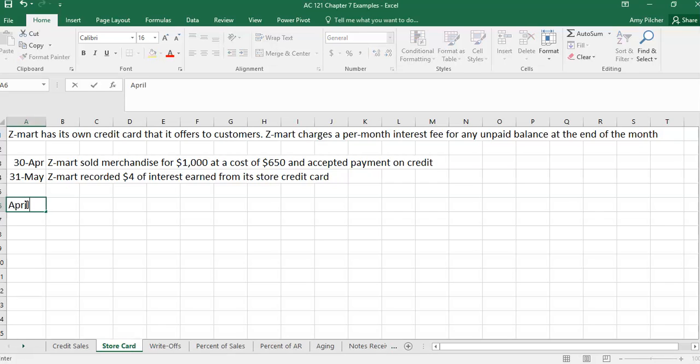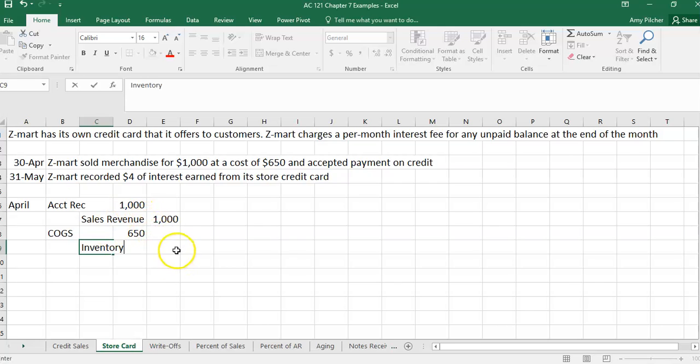So then on April 30th, we would have an accounts receivable and sales revenue for $1,000, then we would have our cost of goods sold, $650 versus inventory of $650.